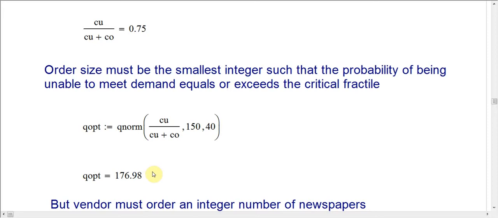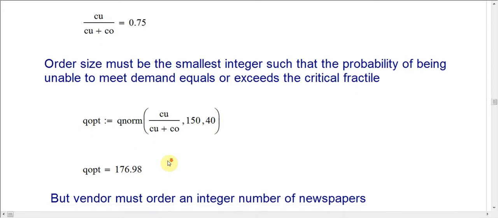Now, the vendor cannot buy 176 and 98 hundredths of a newspaper, so we need to find an integer. In this case, it is obvious that the optimum number of newspapers is 177, because 176.98 is awfully close to 177. But in other situations, it's not that simple just to round to the nearest number.